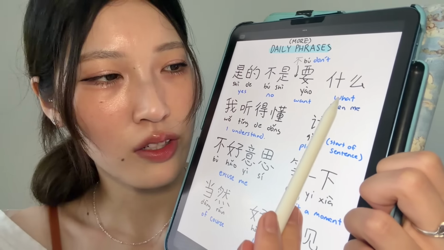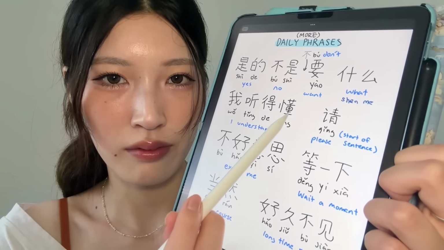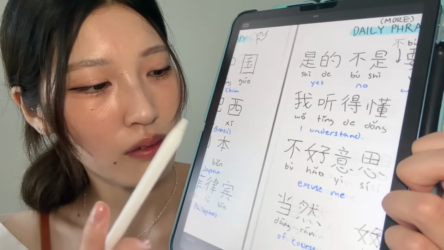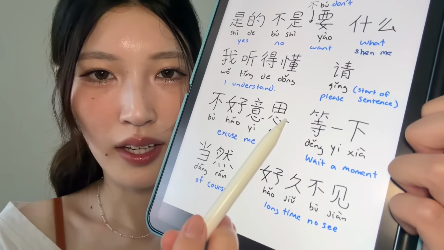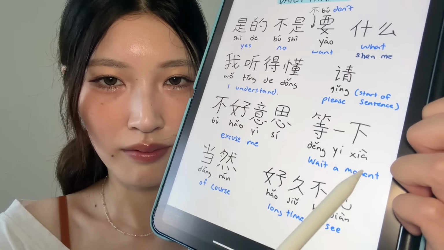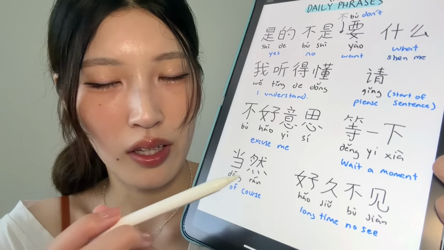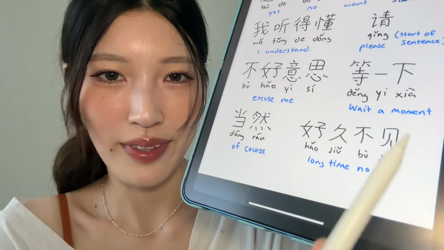Okay. 什么? Okay. 当然. Okay, good job. I feel like your pronunciation is really good.